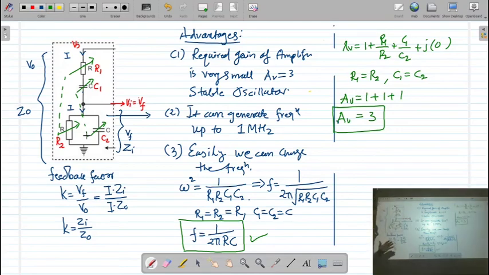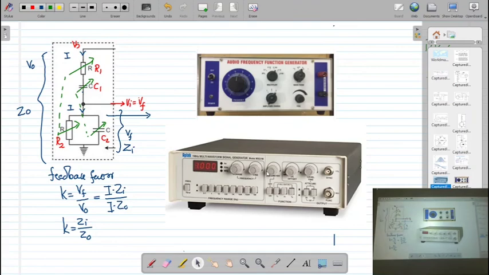So normally, whatever AFO or function generator we have in our laboratory, in that case this Wien bridge oscillator is widely used. If you look at this function generator which we are using in the laboratory, here you can change the frequency with the help of this knob. Remember.